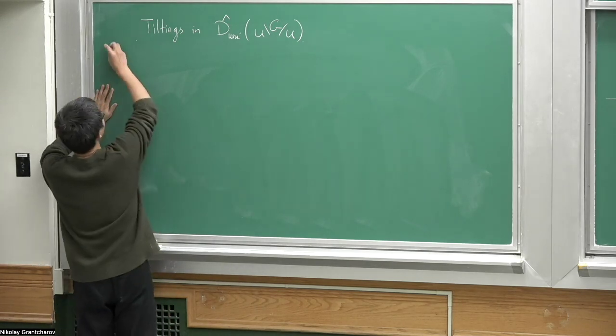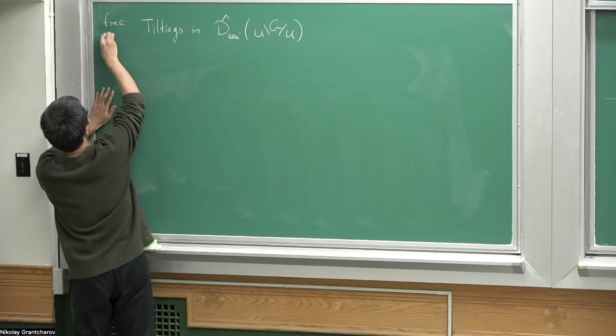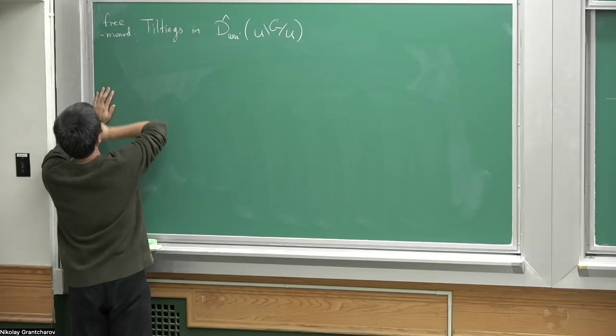So similarly, it's called a free monodromic tilting sheaf.